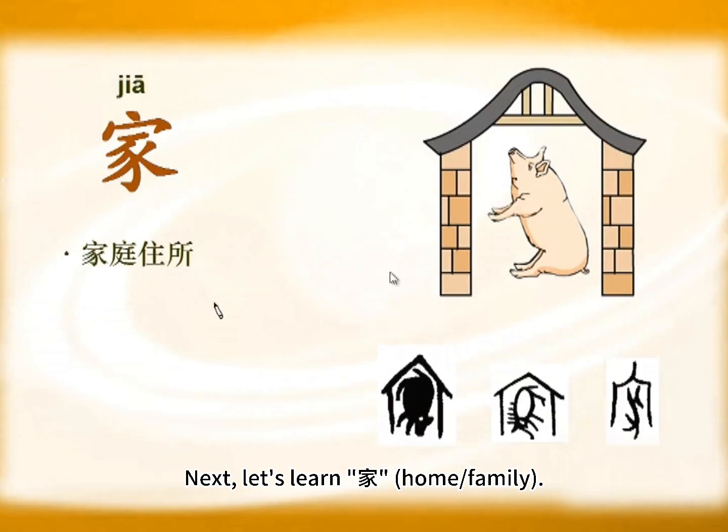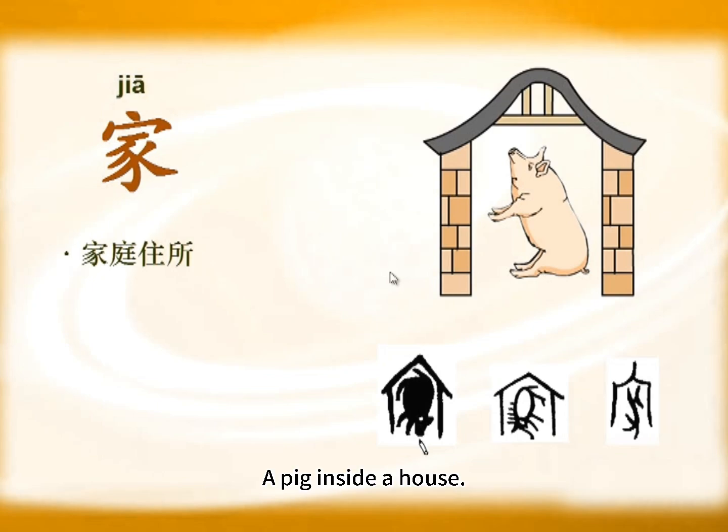Next, let's learn 家, home, family. The top of 家 is a house. The bottom part depicts a pig. A pig inside a house. Why does this mean home? Because a home is a settled dwelling. When people settle down to live, they need a place to live, and they raise livestock outside.